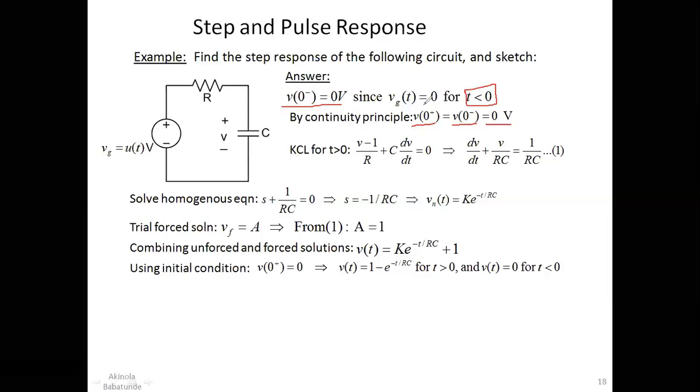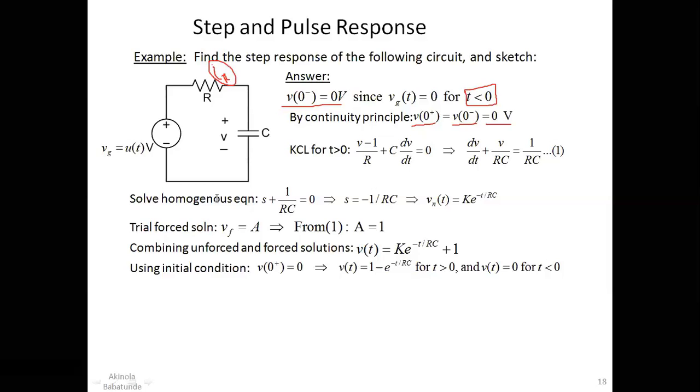Okay, first of all, you want to find out, let's say that the current passing through this R is IR. So let the current passing through R be IR, right? So if the current passing through R is IR, what is the value of this particular current? We want to carry out KCL right now, but we must know the value of the current passing through this R before we carry out the KCL.